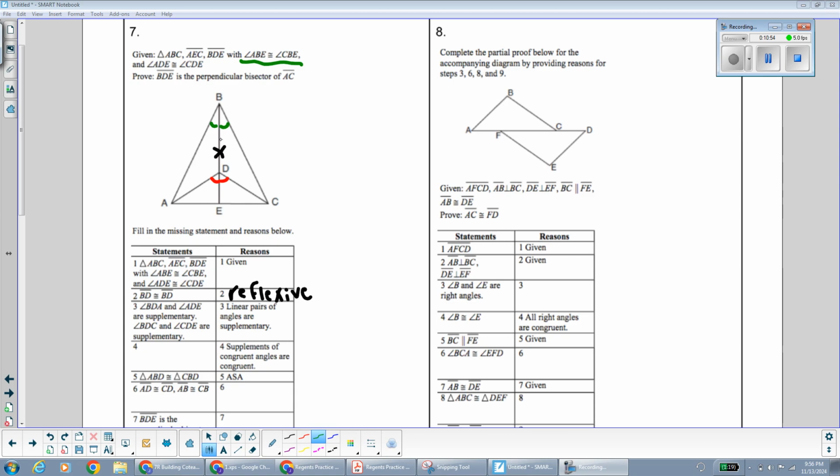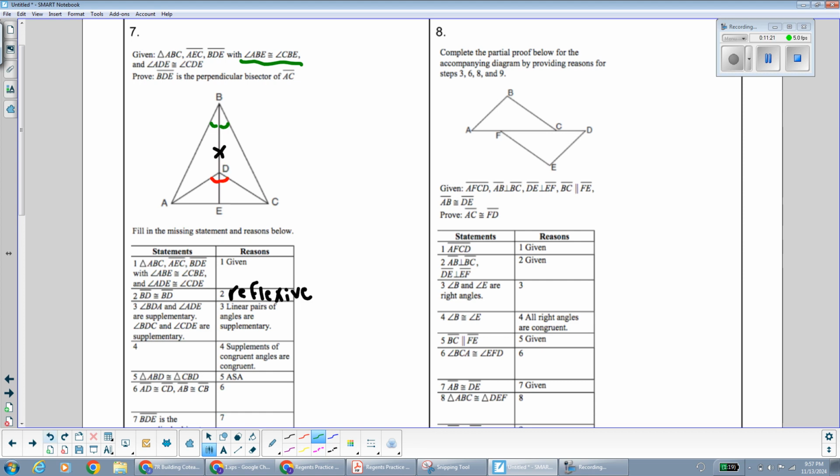So here's BDA and ADE. So I definitely see that these two angles are supplementary. And they tell us that angle BDC and angle CDE are also supplementary. And I definitely see how these two angles are supplementary as well. And they wrote here that's because they form a linear pair.